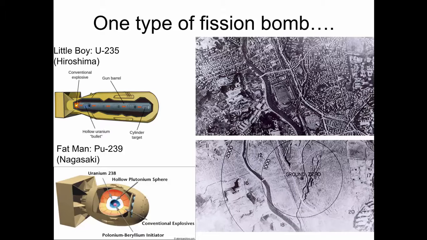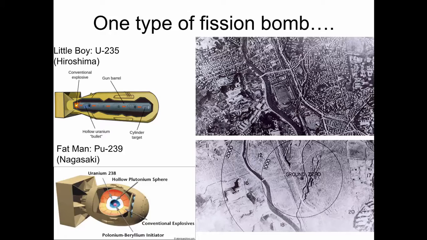This is, I believe, Hiroshima. This is before the bomb was dropped. This is the exact same place. It's not really funny though, because many thousands of people died. So, not something to really laugh at.